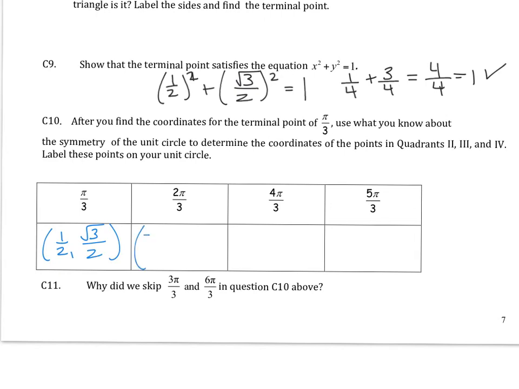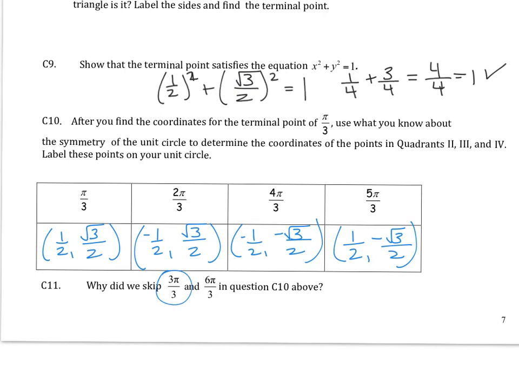Quadrant 2 is negative 1/2, positive root 3 over 2. In quadrant 3, they wind up both being negative. And in quadrant 4, the 1/2 is positive and the root 3 over 2 is negative. And again, we skipped 3 pi over 3 because that reduces down to just pi.